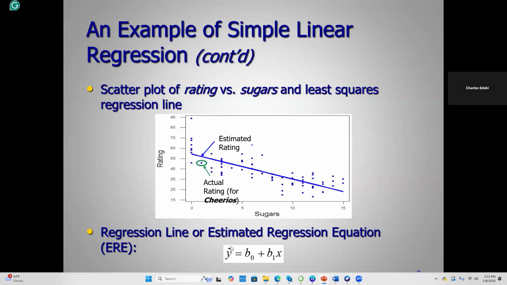So y caret here is always about prediction. y will be the actual value of y. We may have the y mean, we may have y caret here. So y caret here gives us b0 plus b1x. Again, b0 will be the y-intercept. Y-intercept means when x equals 0, what's the value of y?